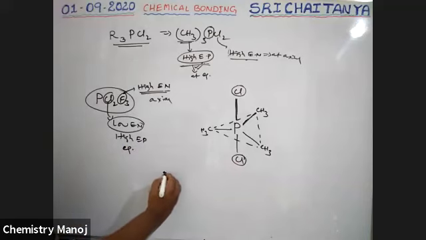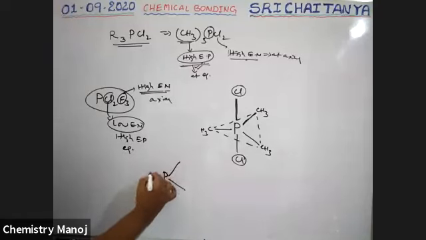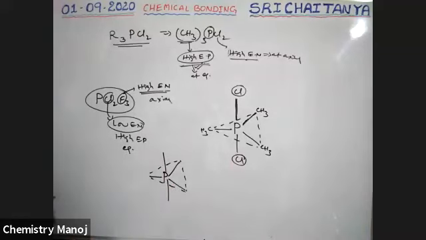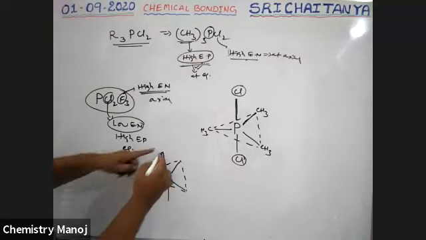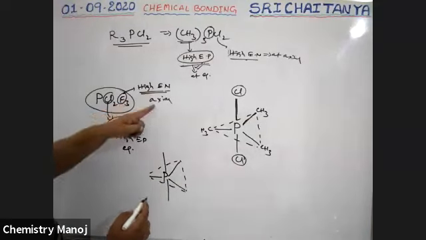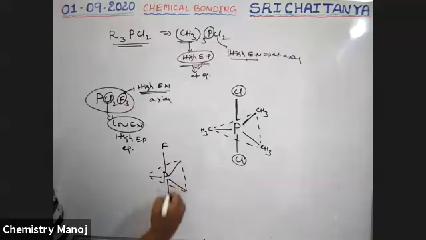So now phosphorus has three equatorial positions and two axial positions. Axial positions are occupied with high electronegative fluorine.